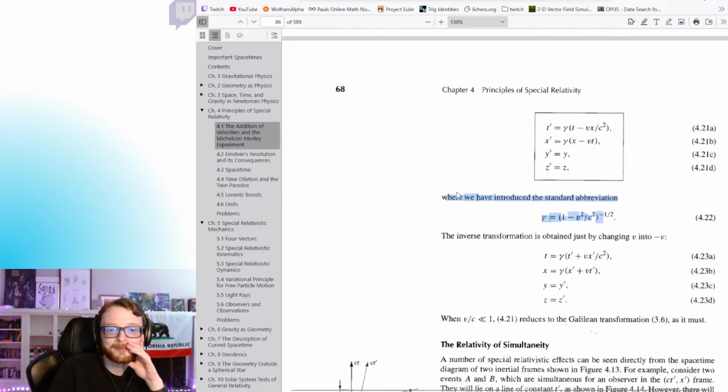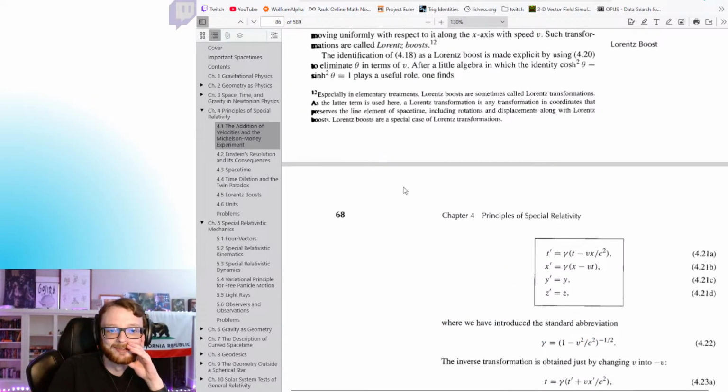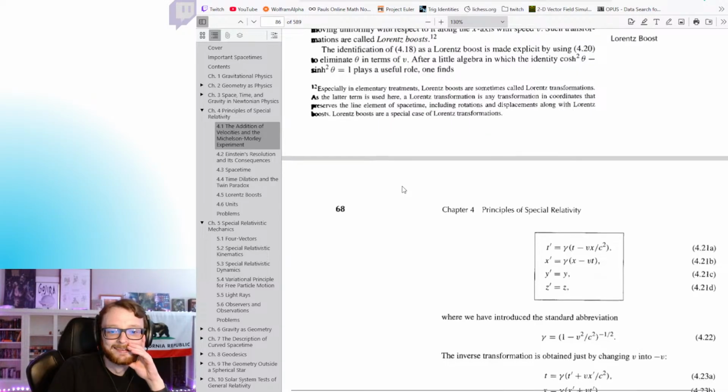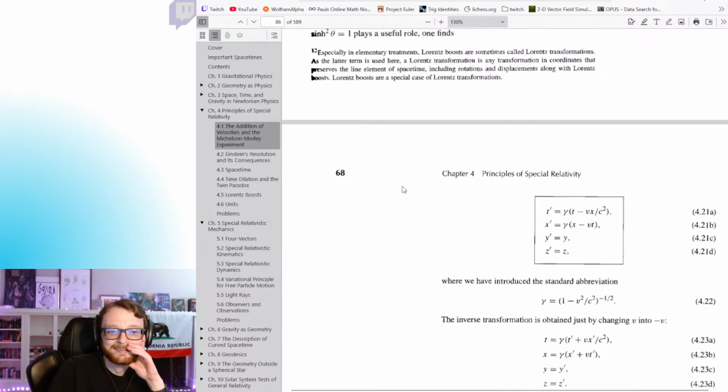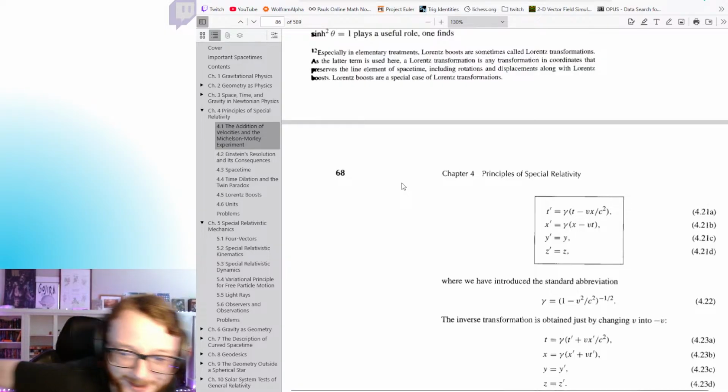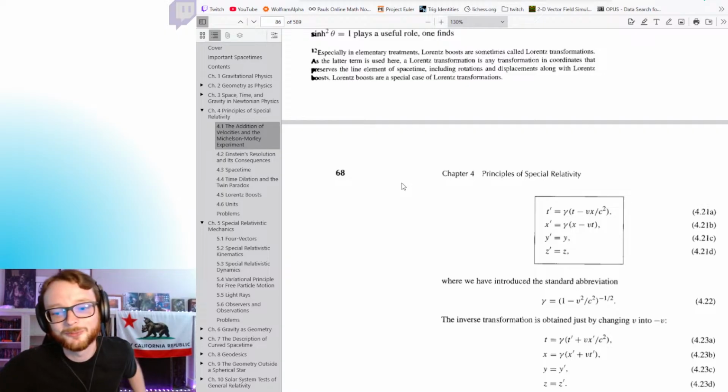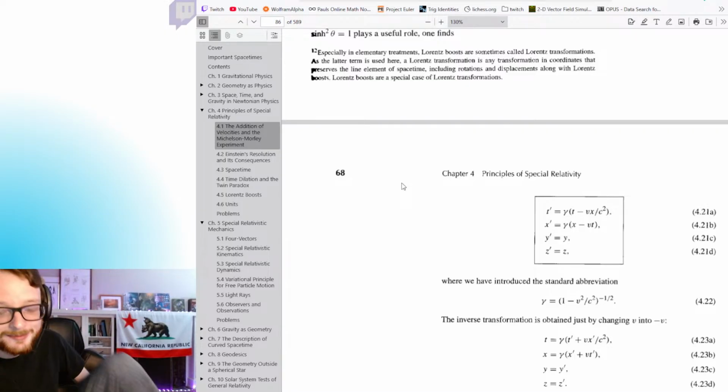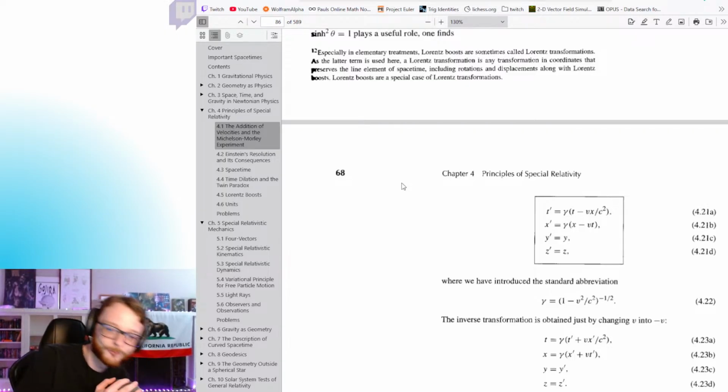Okay, I really hate that they're doing things in one dimension now. When they introduced gamma, things were only moving along the x-axis, but when we're doing this in general, we can't assume that. I assume we're not going to assume that. So do we assume it for now?